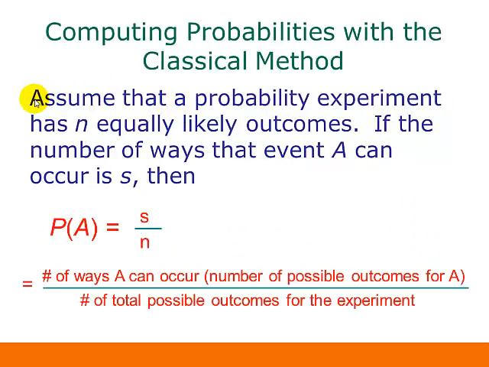So the way we do this is we assume that a probability experiment has n equally likely outcomes, so that each simple event or each outcome in our sample space has the same chance of happening. Now, if the number of ways that event A can occur is S, then the probability of event A is S over n. In other words, it's the number of ways A can occur, or the number of possible outcomes for event A, divided by the number of outcomes in the sample space, or the number of total possible outcomes for the experiment.